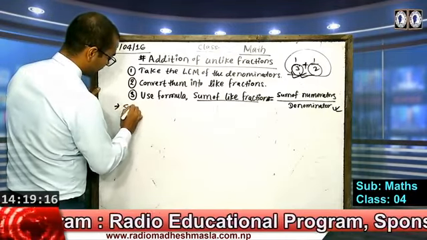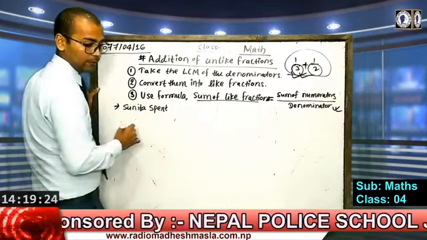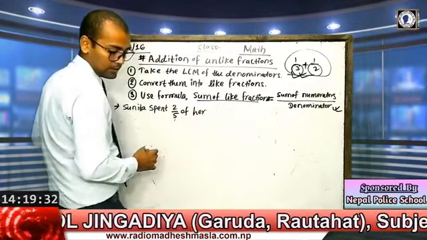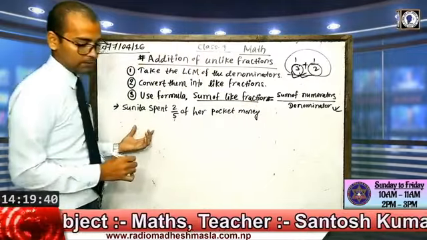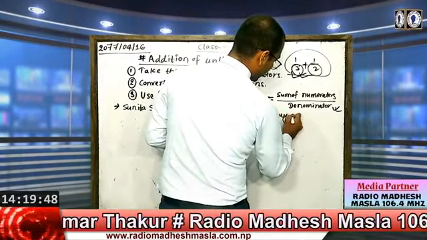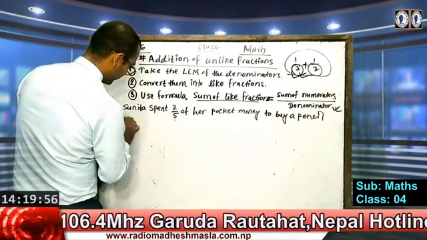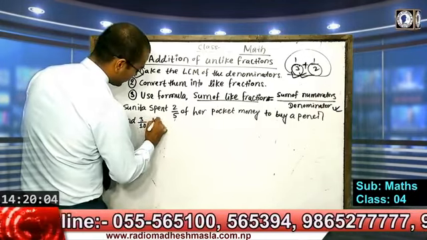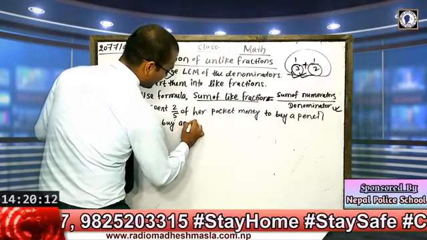Sunita spends 2 by 5 of her pocket money to buy a pencil box, and 3 by 10 to buy an eraser.